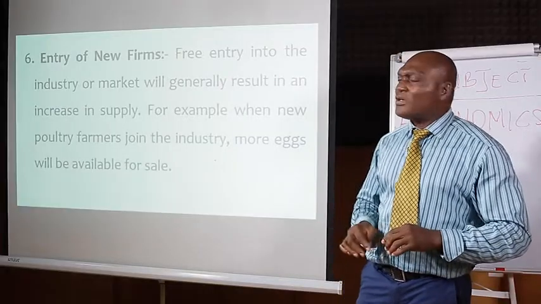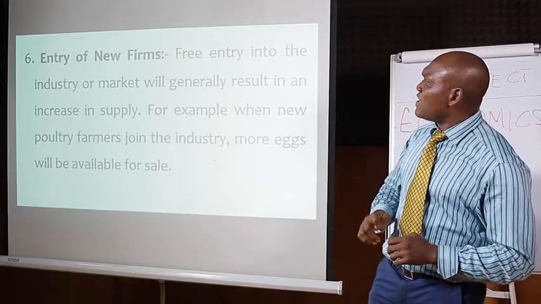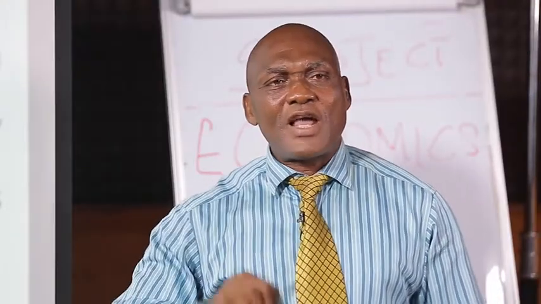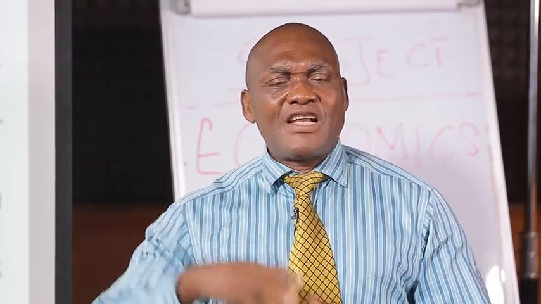But naturally, all things being equal, entry of new firms will increase the supply of the particular product. For example, you have 10 suppliers of eggs and they supply these eggs to secondary schools.